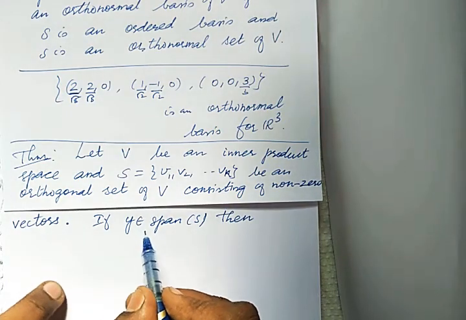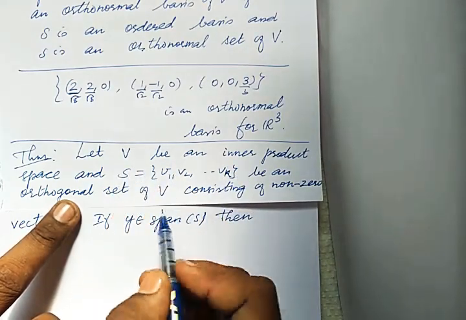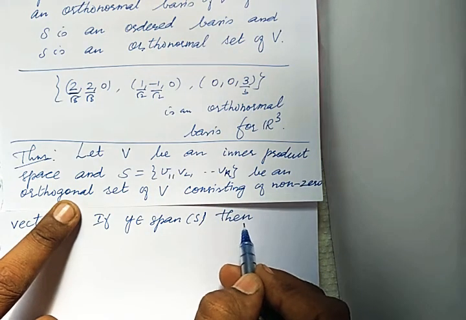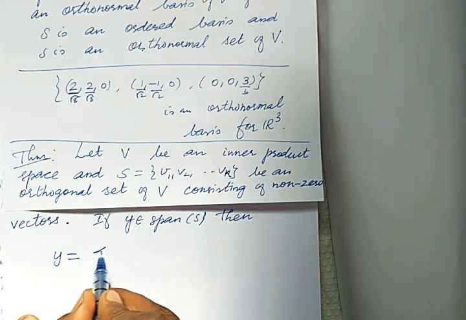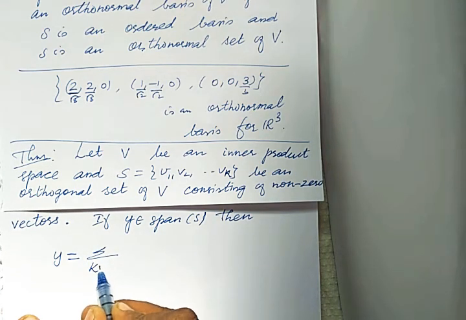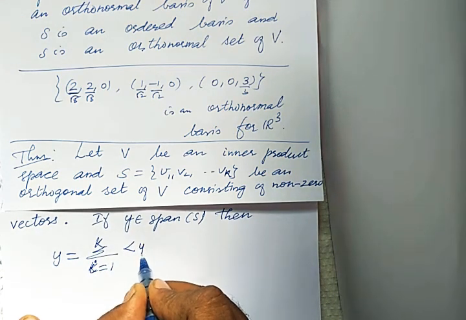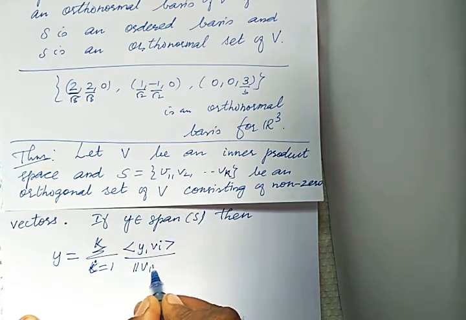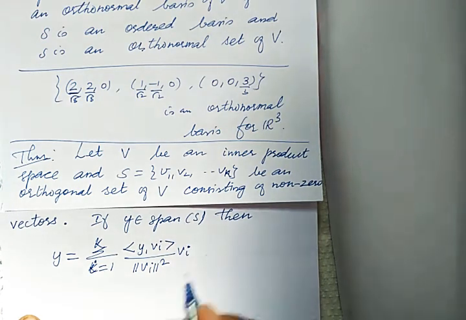If y belongs to the span of this set, if y is a linear combination of these vectors, then y can be expressed as the summation, i varies from 1 to k, of the inner product of y comma vi divided by norm vi squared, into vi.